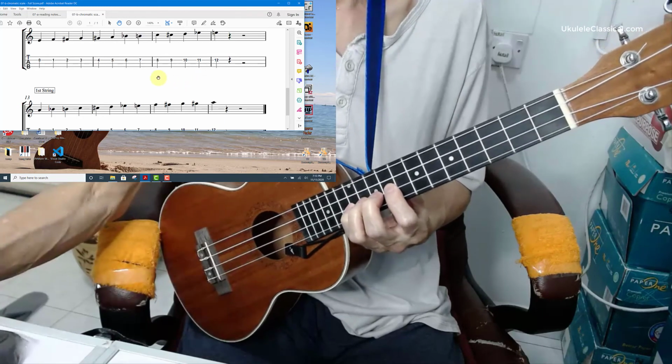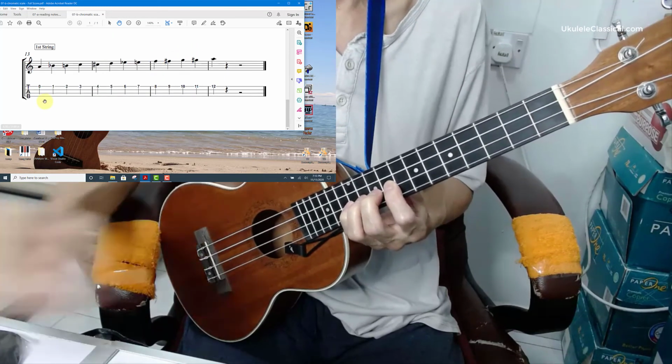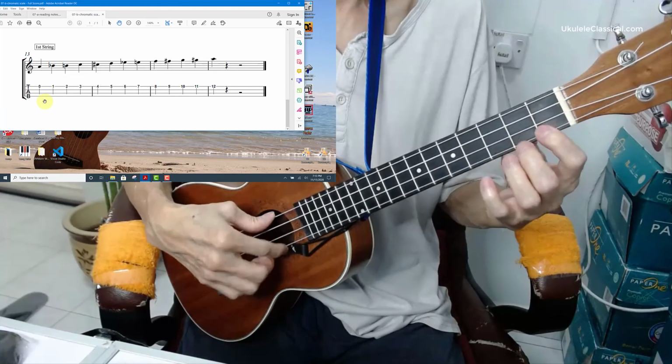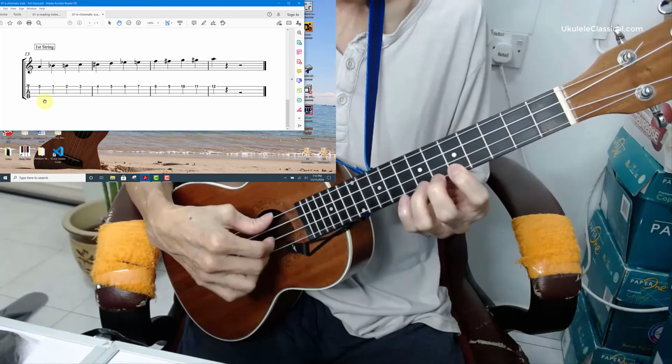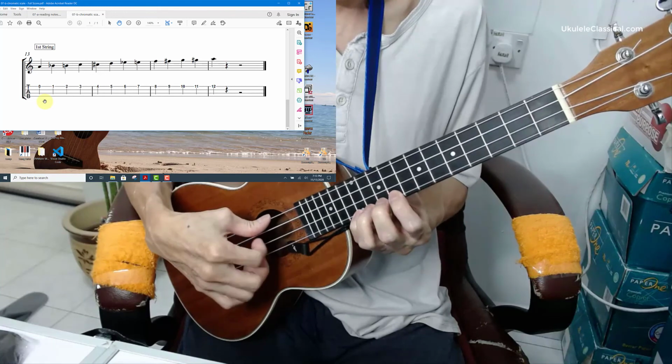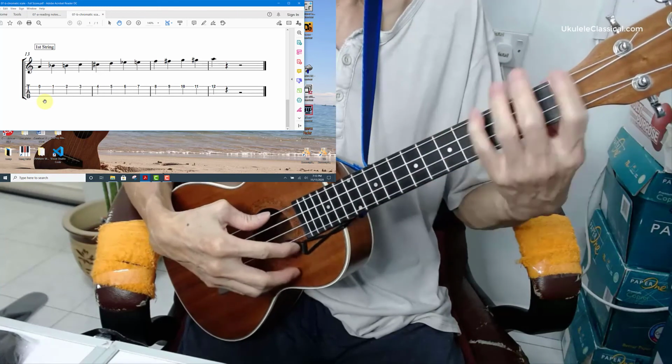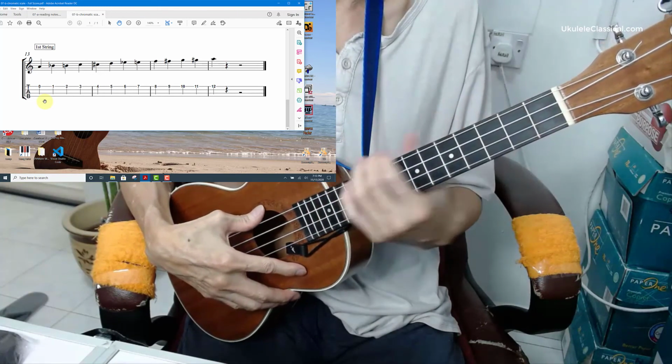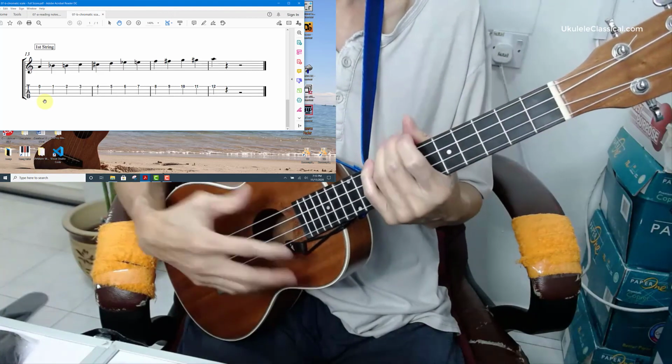Right? And finally, your first string over here, like this. Like that. So these are all the possible notes that you can ever play on the ukulele.